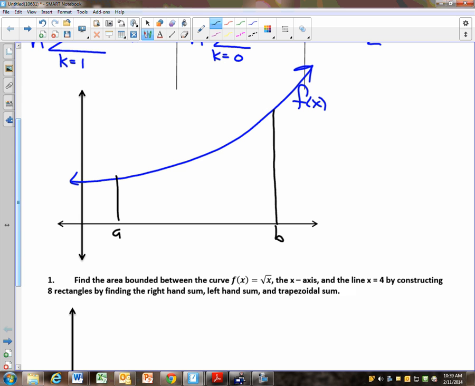And I'm going to start with the right hand because that's what we talked about the other day. I'm going to divide it up into just 4 pieces here, okay? And if I draw the right-hand sum, it's going to look like the black part.